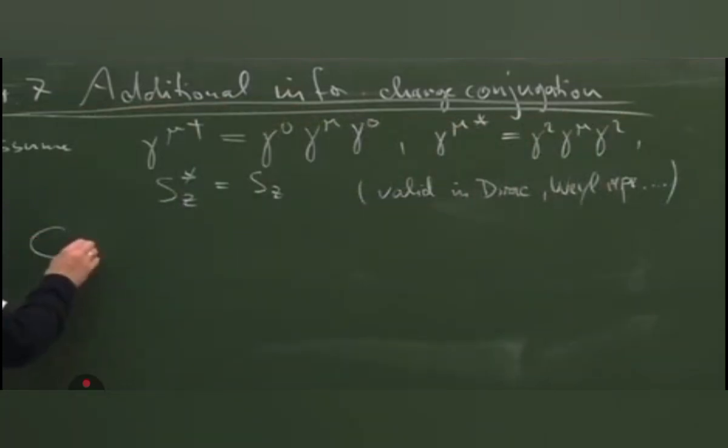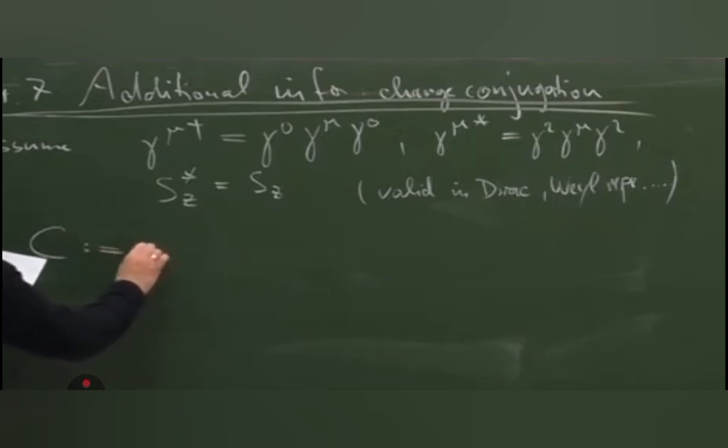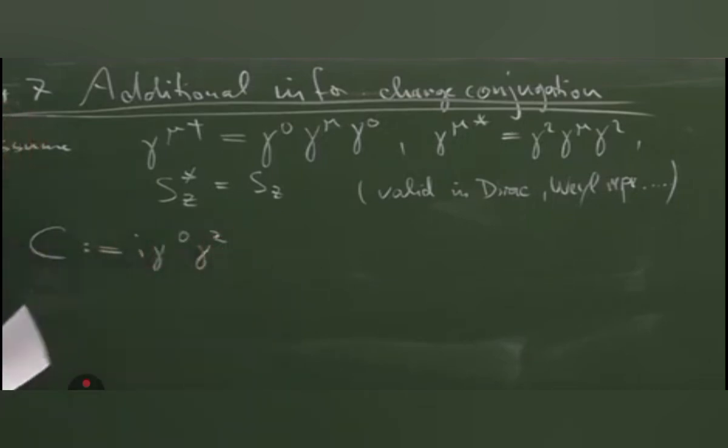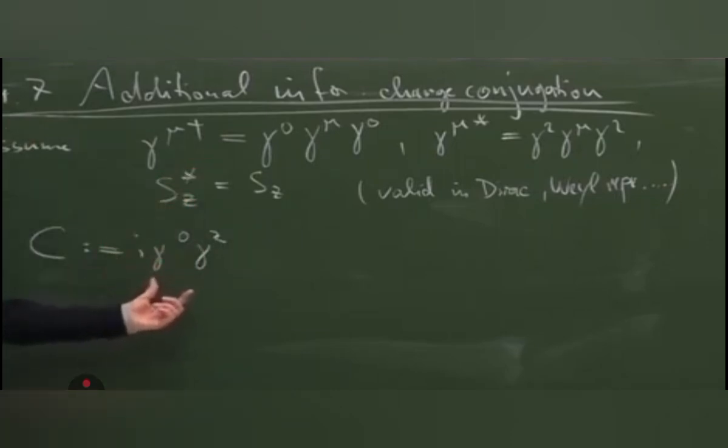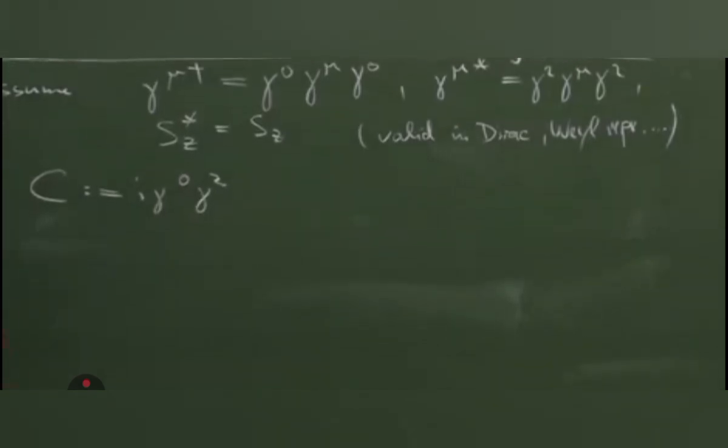But let's go on specifically for this case. And then we define a matrix capital C as i times gamma 0, gamma 2. So this combines Hermitian and complex conjugation.